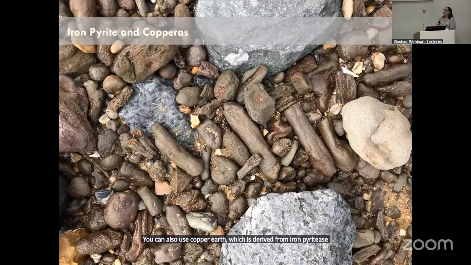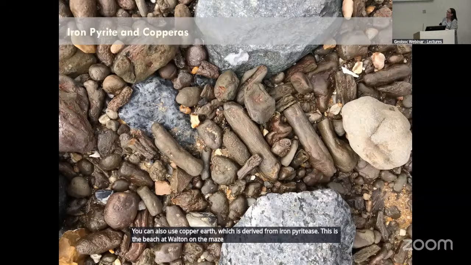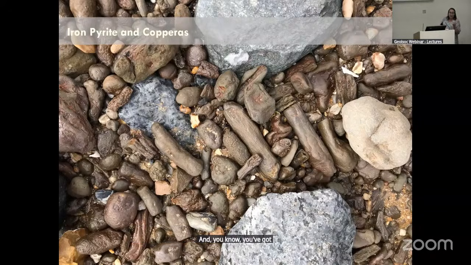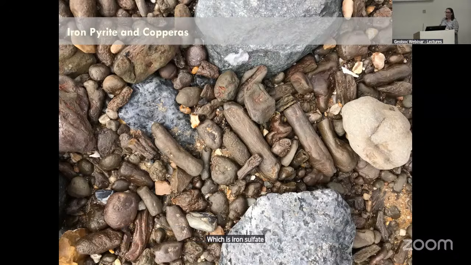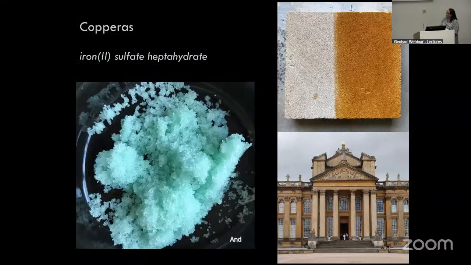This is the beach at Walton on the Naze. And you've got all these pyritized twigs weathering out of the London clay, and these were scooped up in the 18th and 19th century and made into this material called Copperas, which is iron sulfate hydrate. And this is a green material.